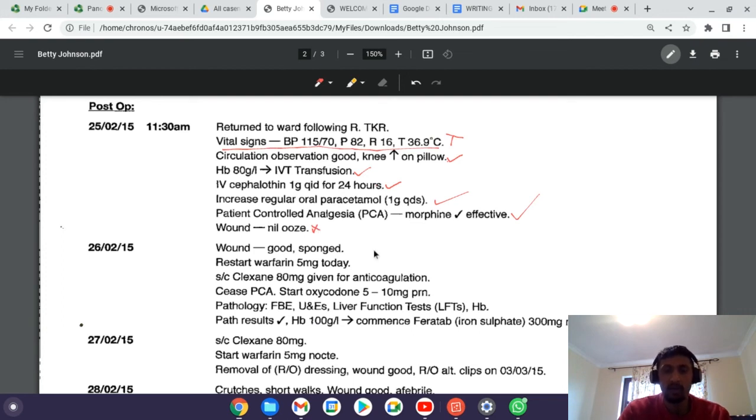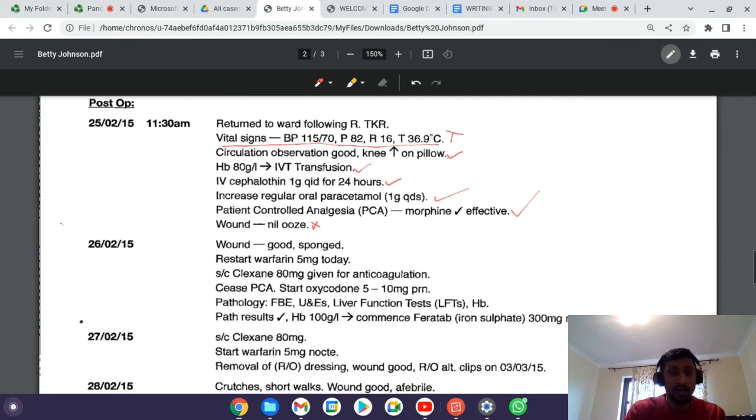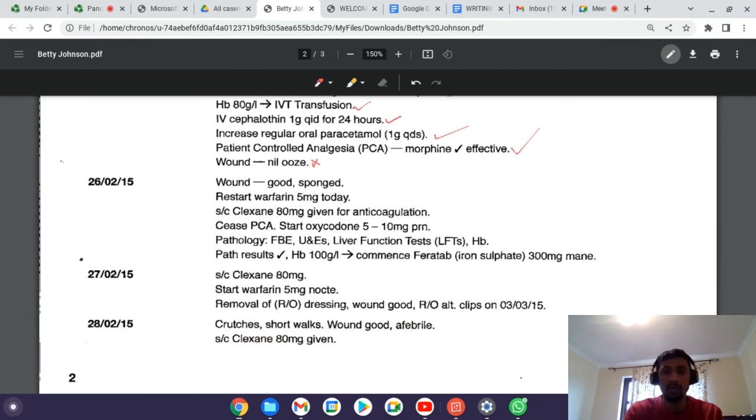Okay, fine. All right. If somebody else can tell me whether the 26 February 2015 information is relevant, semi-relevant, or irrelevant, because it's a big case note, I need to do it quickly, then only can we finish the discussion on time. Please.